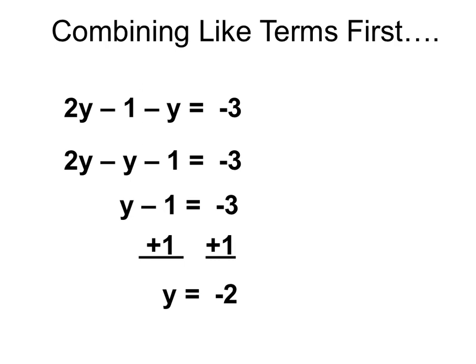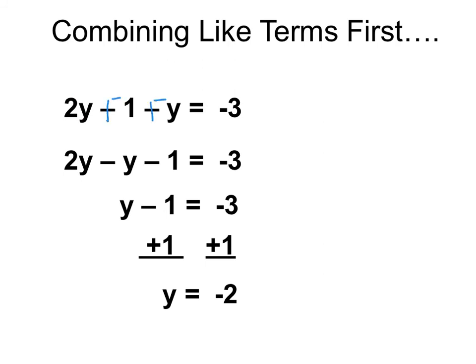All right, let's preview how to solve multi-step equations. So in this example, I have 2y minus 1 minus y equals negative 3. So I need to look at my variables, and I have a negative y here and a 2y. And if you want, you can go in and you can do change, if that helps.